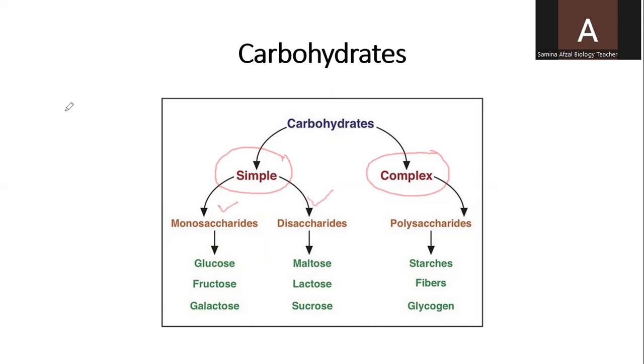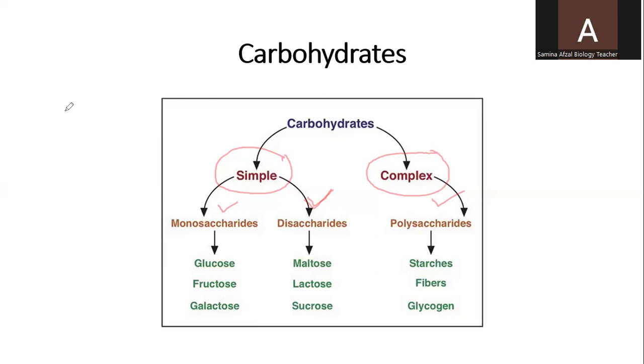Monosaccharide means the molecule consists of only one unit of carbohydrate, or one glucose molecule. In disaccharides, two molecules are joined together with the help of a bond. And in polysaccharides, many molecules are joined together in the form of a long chain, so many carbohydrate units are involved in their formation.